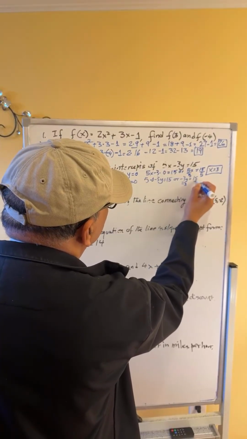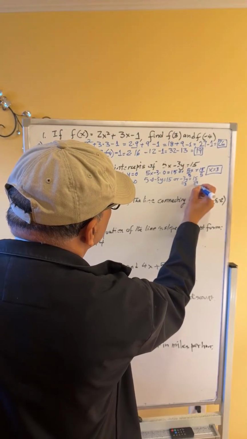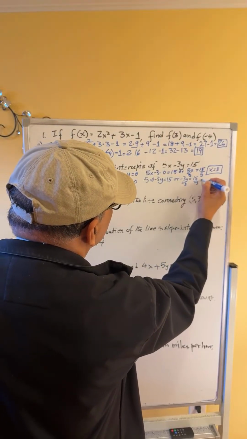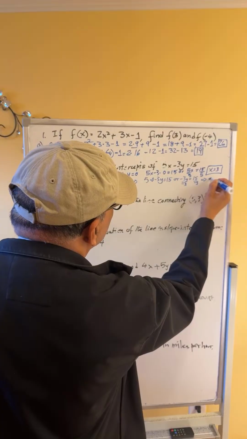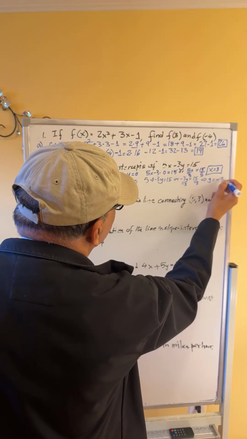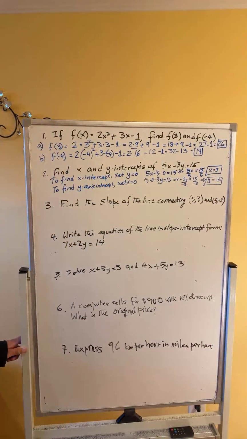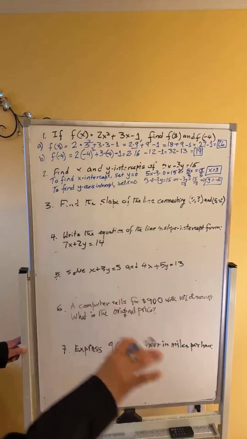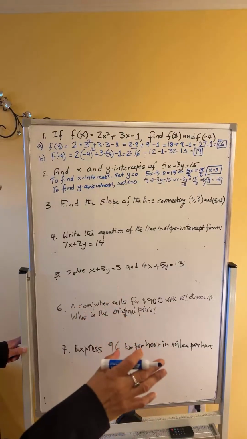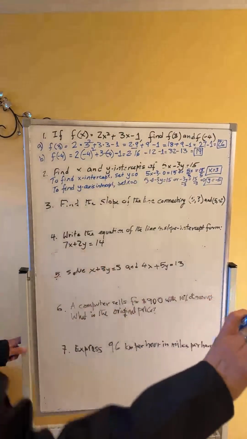Divide by minus 3 on both sides. Do not forget the negative sign, which gives us y equal to minus 5. This is your y-axis intercept. Okay, so the rule is for the y-axis intercept x equal to 0, and for the x-axis intercept y equal to 0.